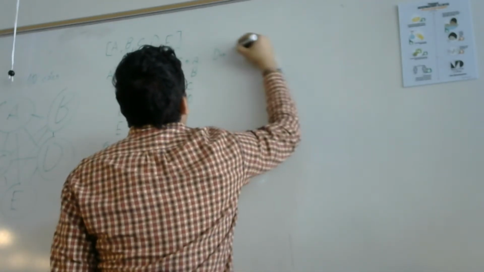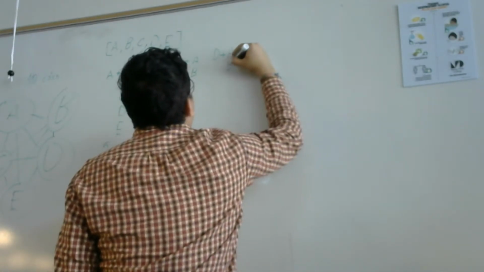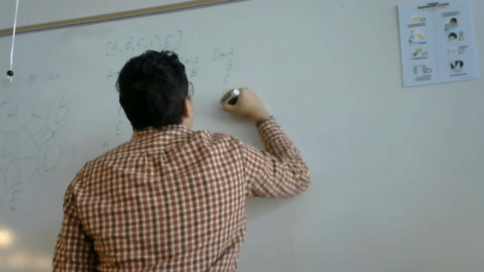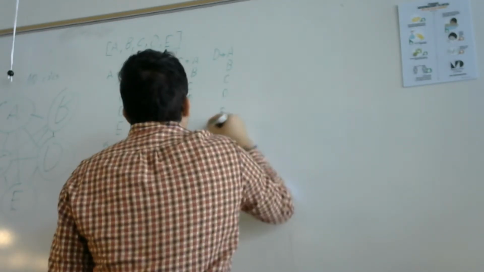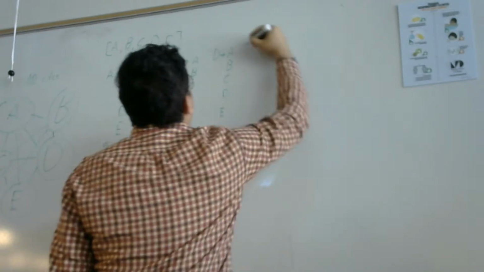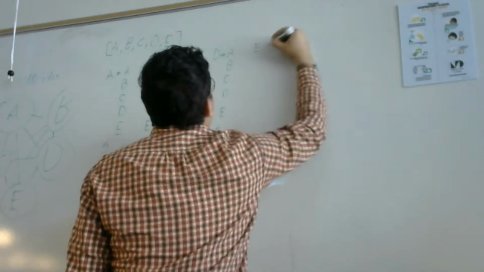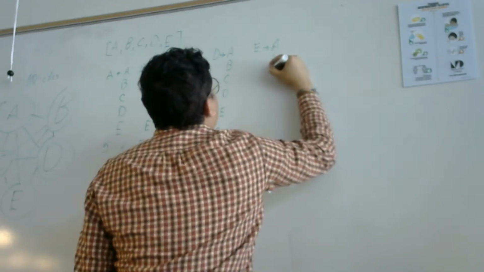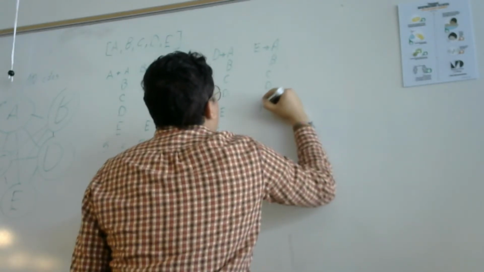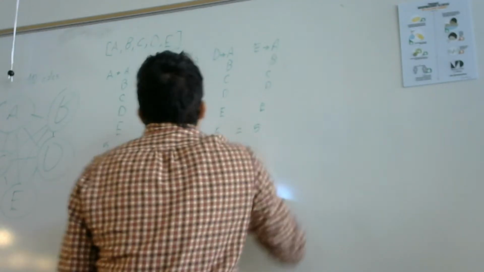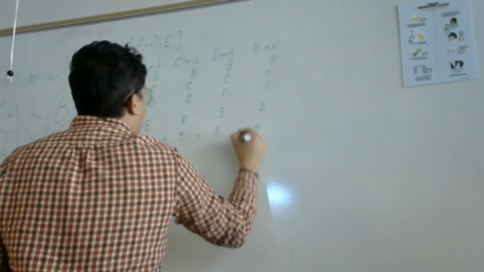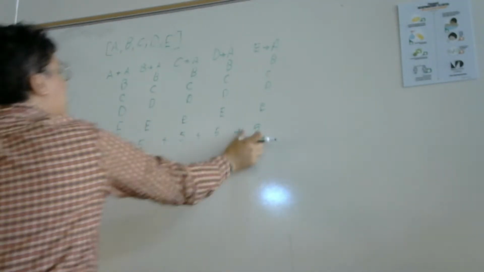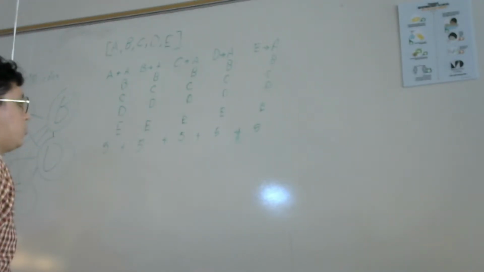D, I calculate with A, B, C, D, E, plus an extra 5. Then E, with A, B, C, D, E, an extra 5. How much is this? This is 25, right?